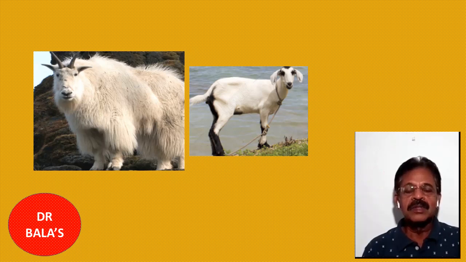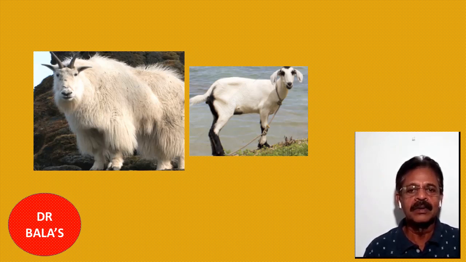Imagine these two animals. If they change their places, what will happen? The animal which was in the polar area will lose the fur, and this animal which is there in the tropical area or hot climate will gain the fur. Nature also helps in the survival of these animals.